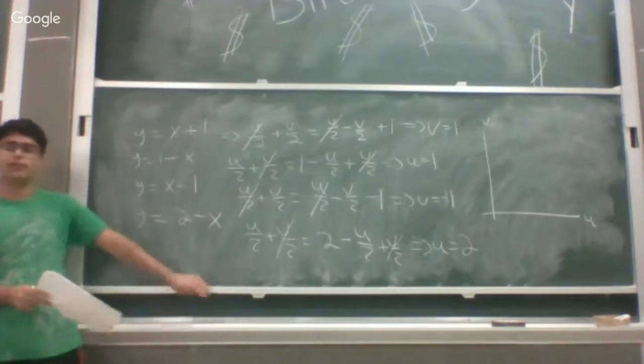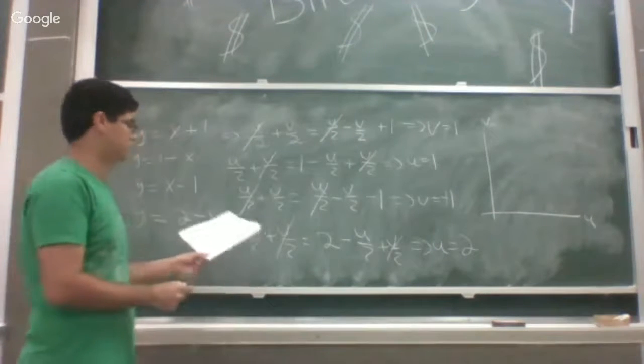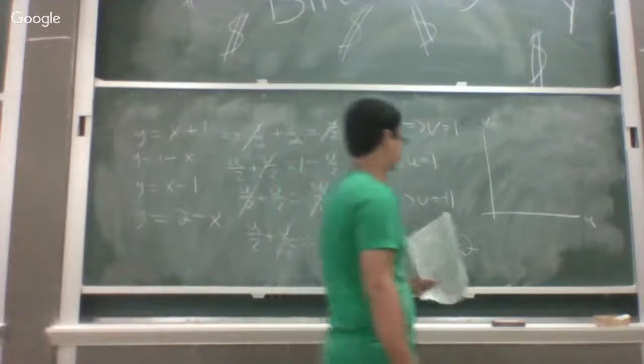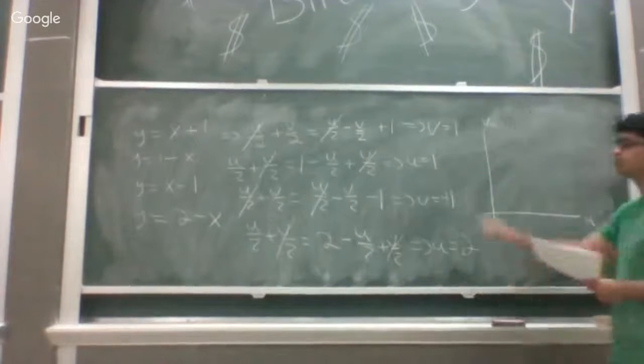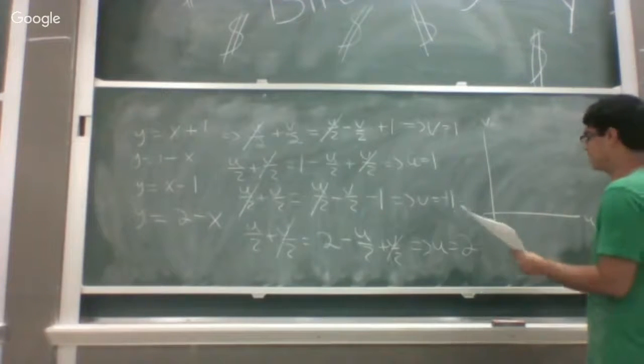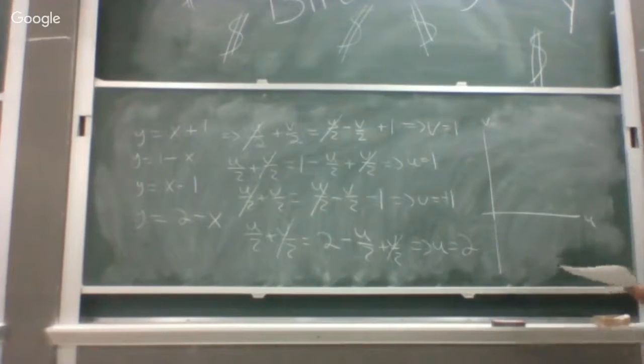Any questions on this process? It's just converting them to u and v. So make sure you do it right and don't make mistakes with that, because then you'll lose all the points. Just do it right or you'll lose all the points.